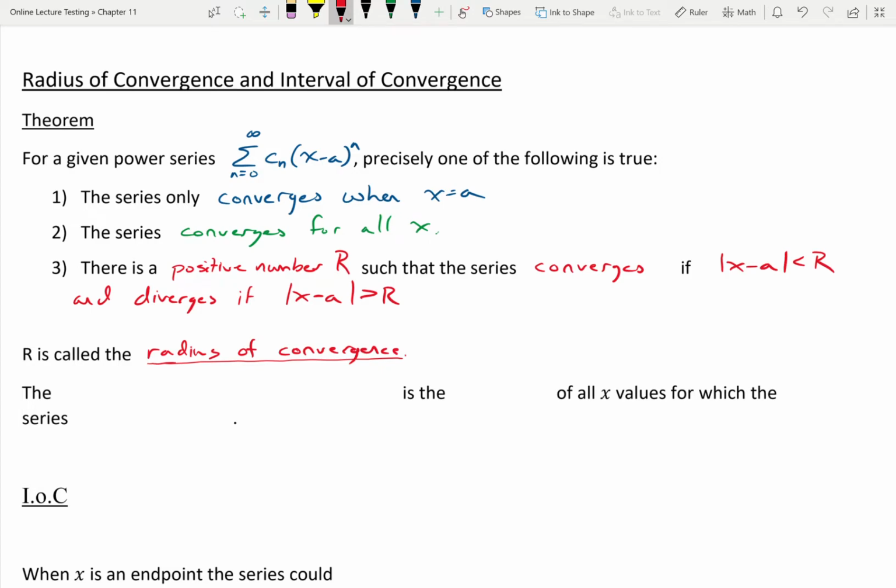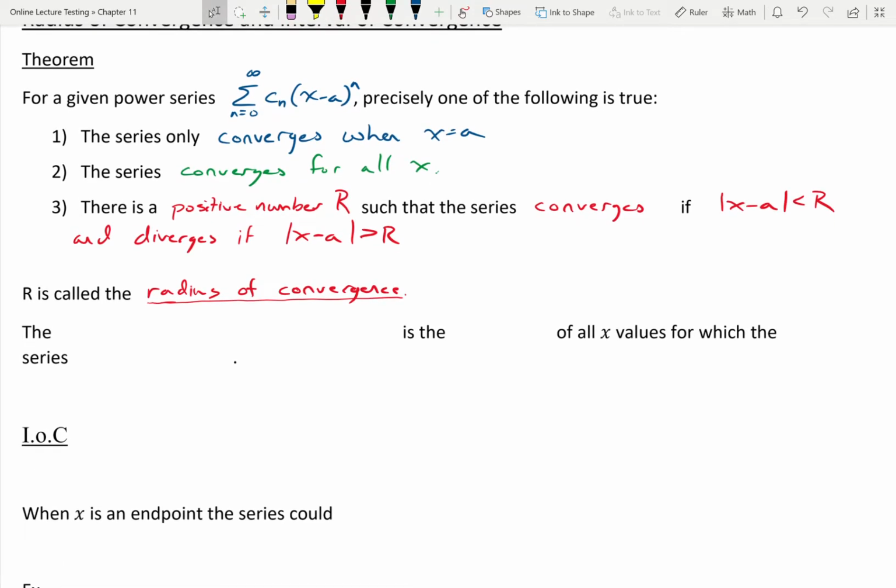Okay. The interval of convergence, also known as the IOC, and we use ROC to talk about the radius of convergence, so ROC and IOC. All right.